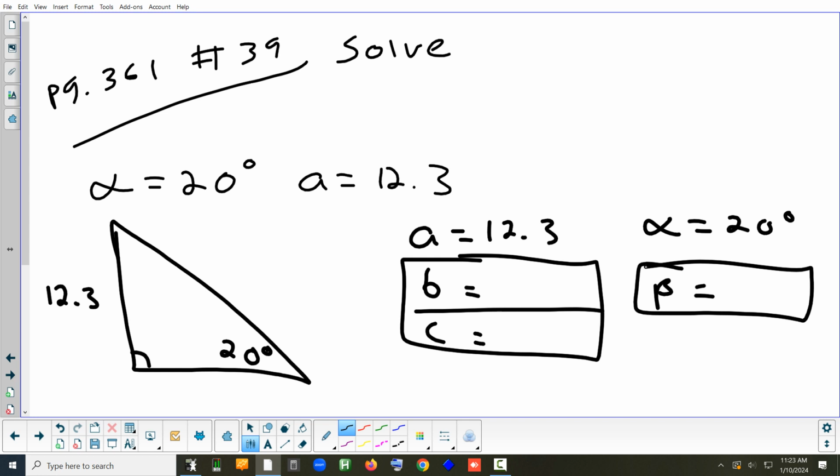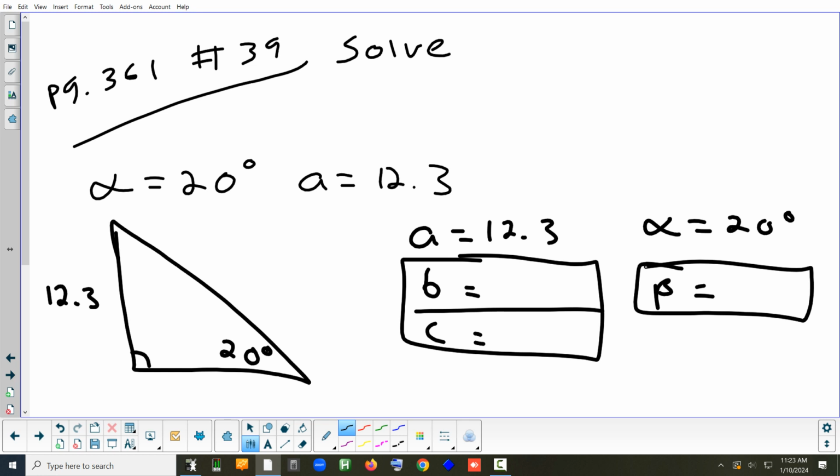Is there another way we could find beta without doing any trig? Well, the other side would be 12.3 because this is a right triangle, right? That's the key. It is a right triangle, yes. We don't have to think about any sides to find beta.